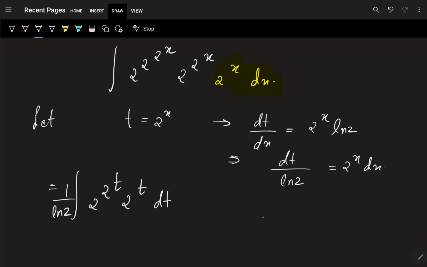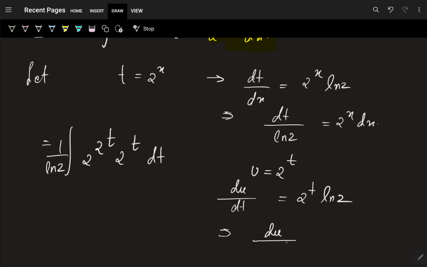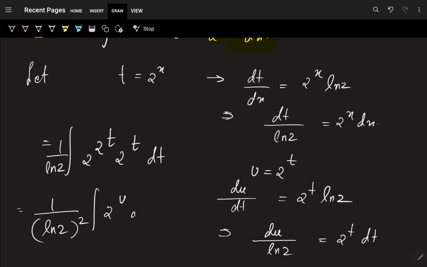Now let u as 2 to the power t. So du upon dt is going to be 2 to the t ln 2. So du upon ln 2 is going to be 2 to the t dt. Again we do the replacement, this becomes 1 by ln 2 squared now, because the ln 2 will come out, and this is integration 2 to the power u du.